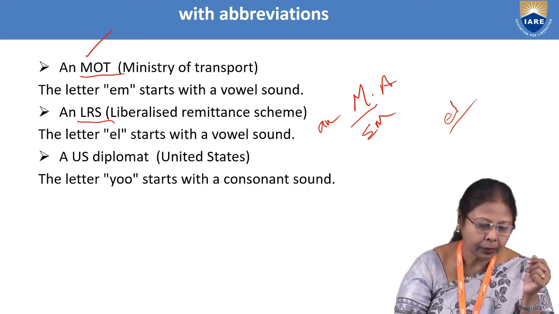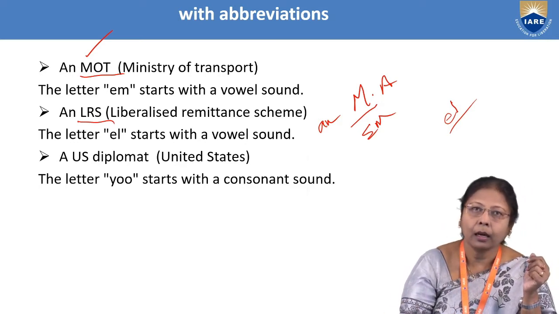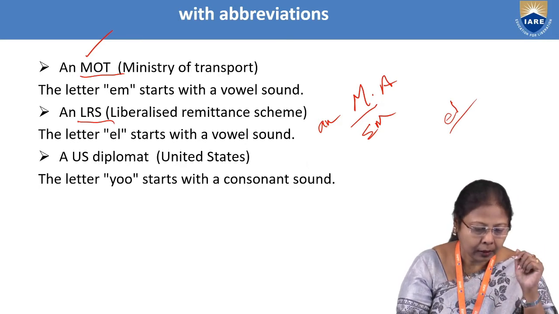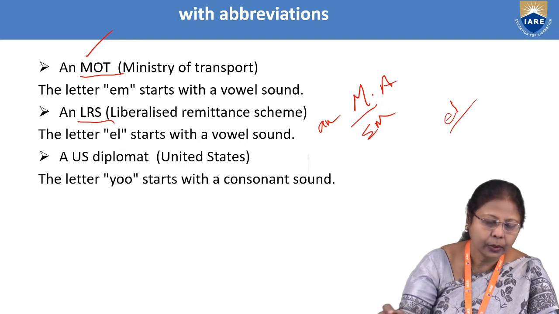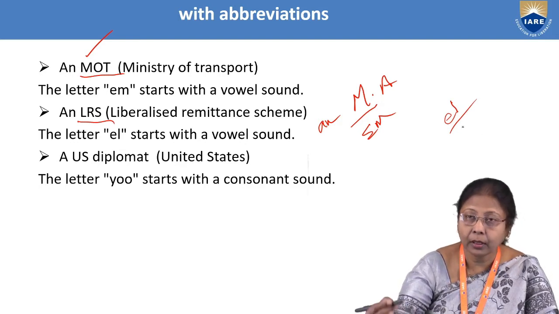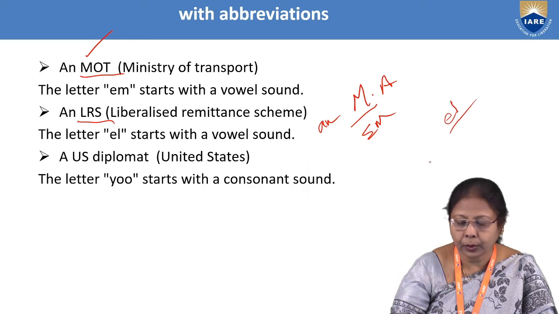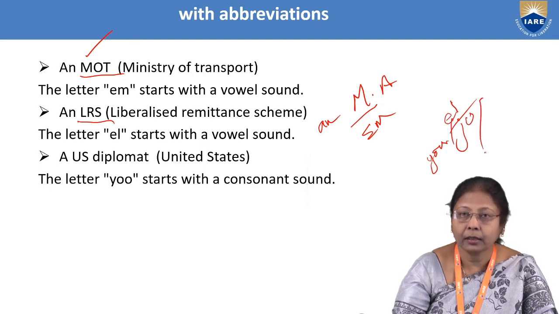So what do we have to keep in front? An LRS. And the next word is US. US is the abbreviation. Everybody knows what US is. United States. United starts with the phonetic transcription YOO, U and U together.